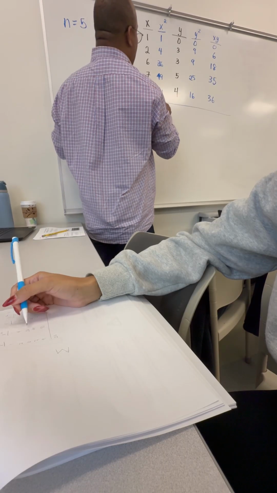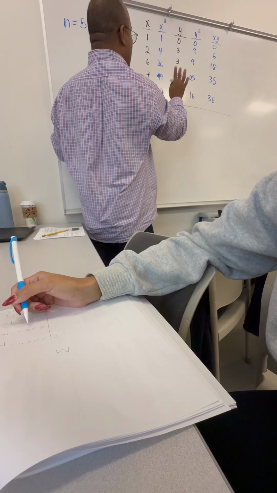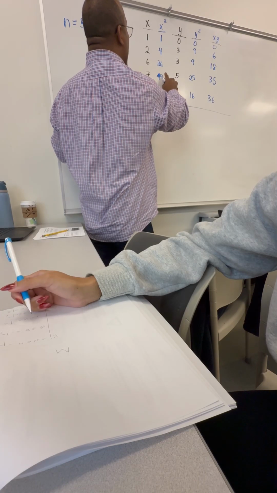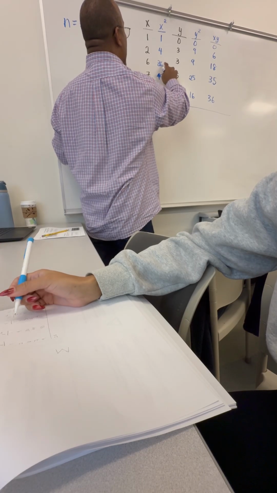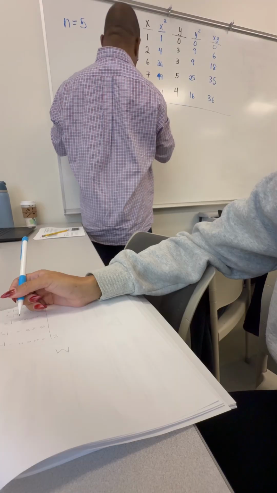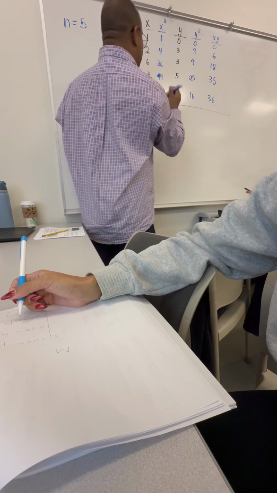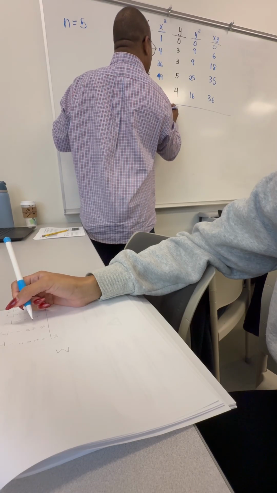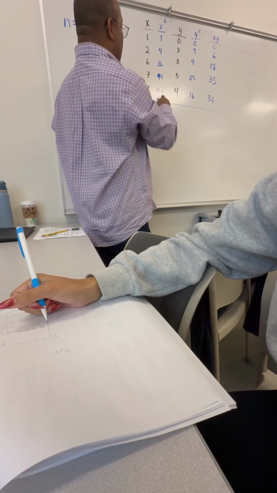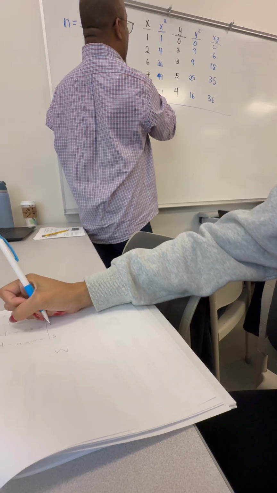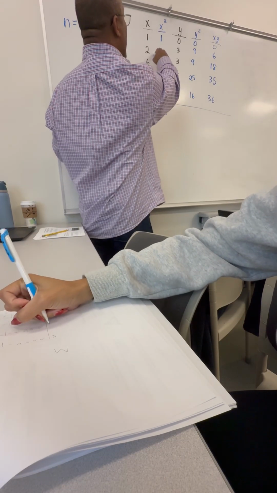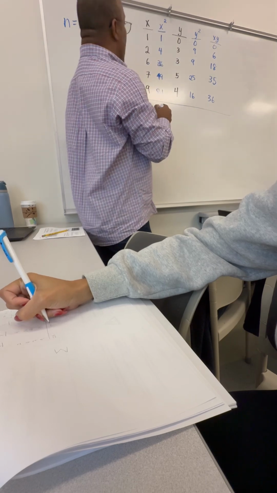All right. Now for x squared: 130, 166, 171. I got 171. Somebody check my math. 90 plus 81, yeah, 130, 166, 170, yeah, 171. Okay.